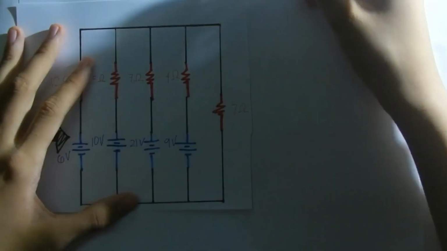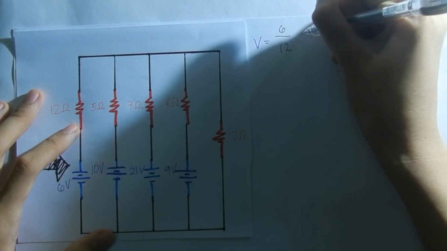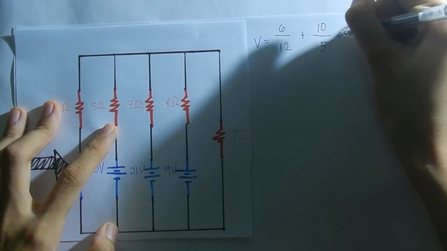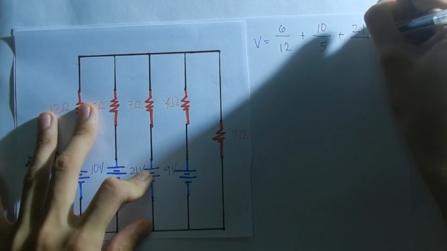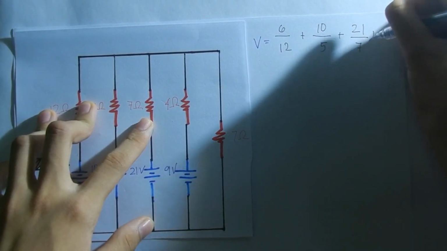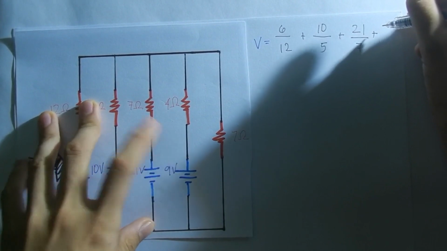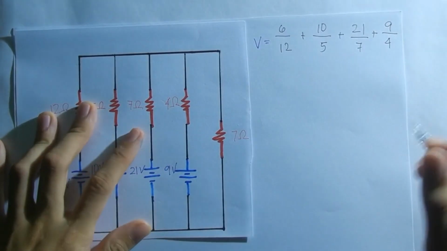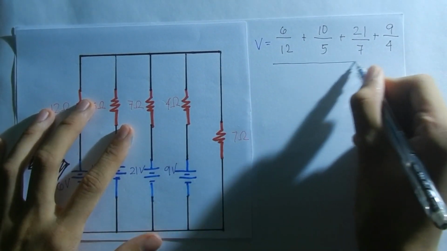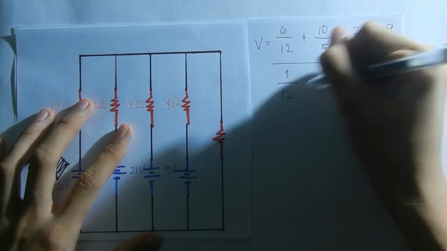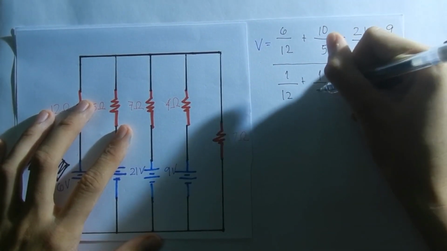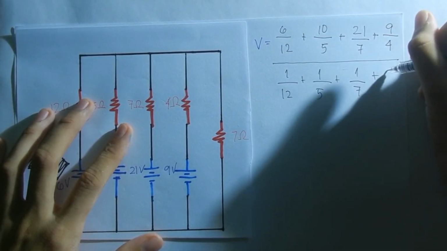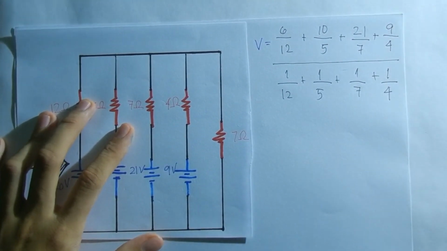Using Millman's theorem, it's 12 plus V sub 2, which is 10 over R sub 2, 5, plus V sub 3, 21 over R sub 3, 7, plus V sub 4, 9 over R sub 4, 4, all over 1 over R sub 1 plus 1 over R sub 2 plus 1 over R sub 3 plus 1 over R sub 4.